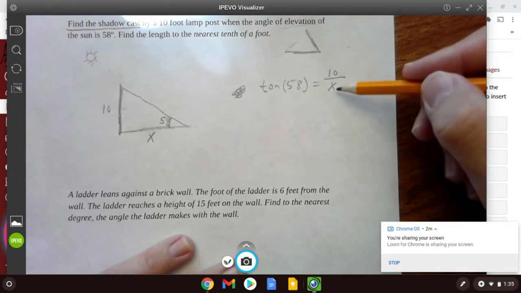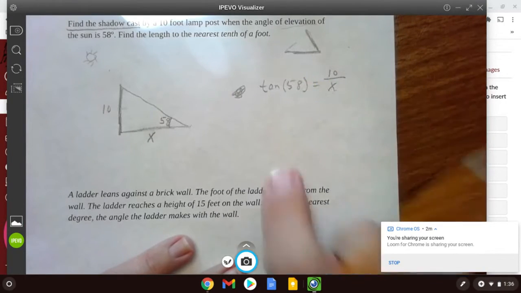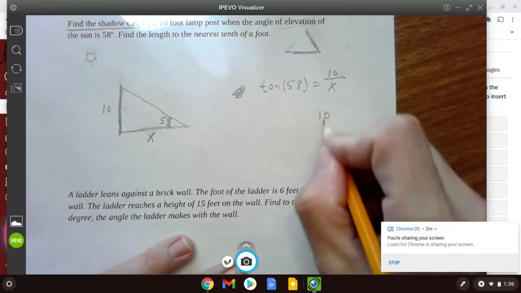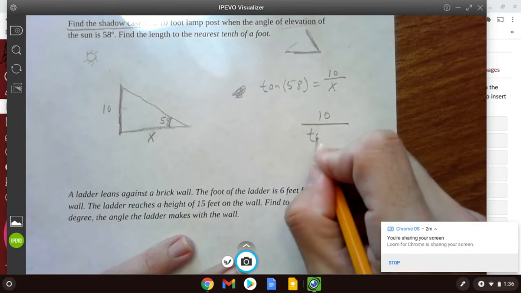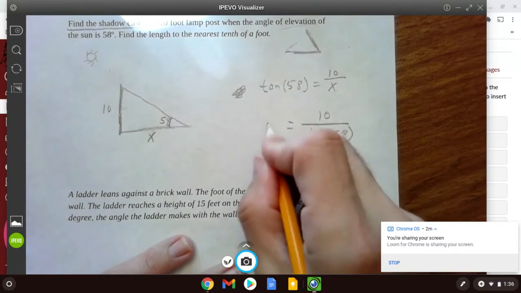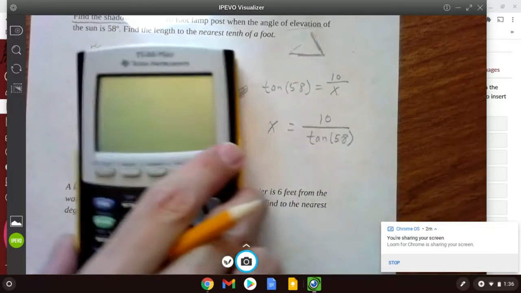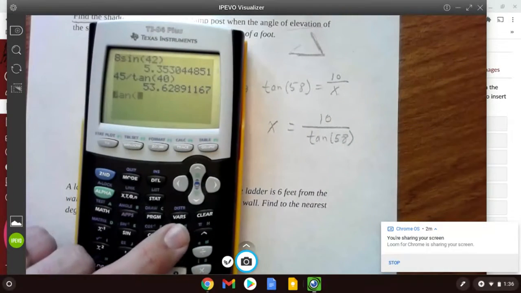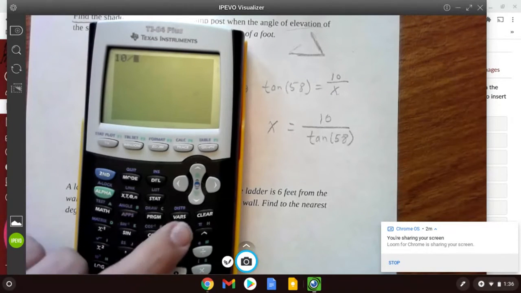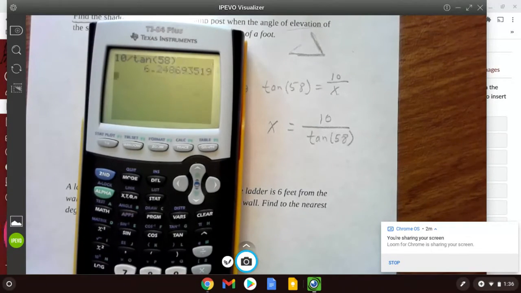So we would multiply by x, and then divide by tangent. So this is just going to be 10 divided by tangent of 58.